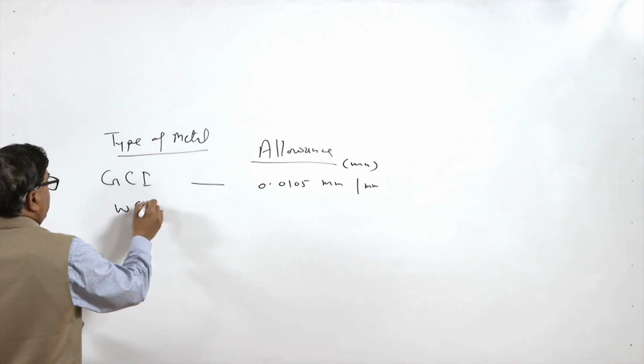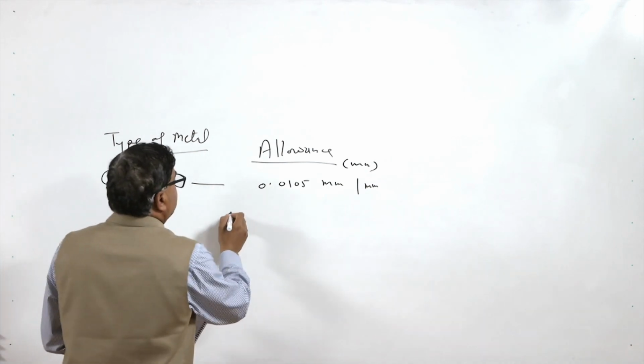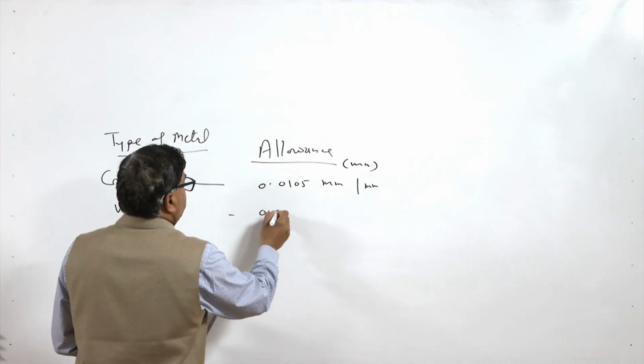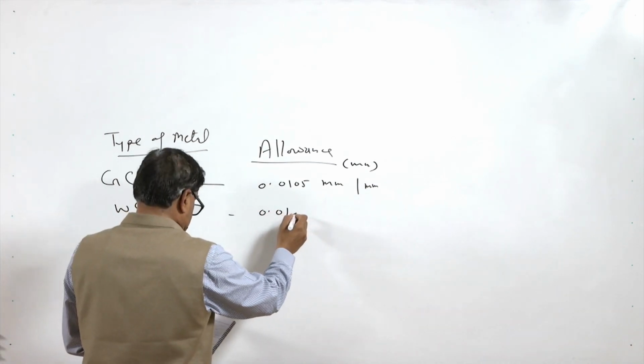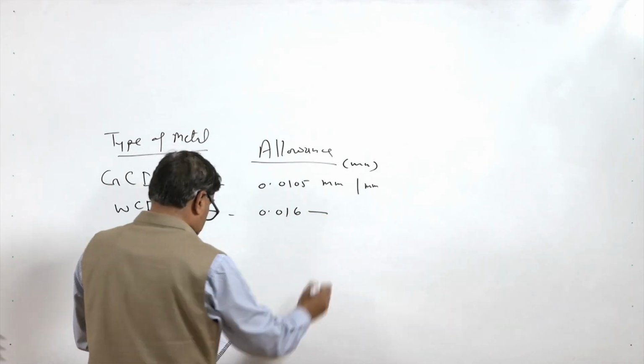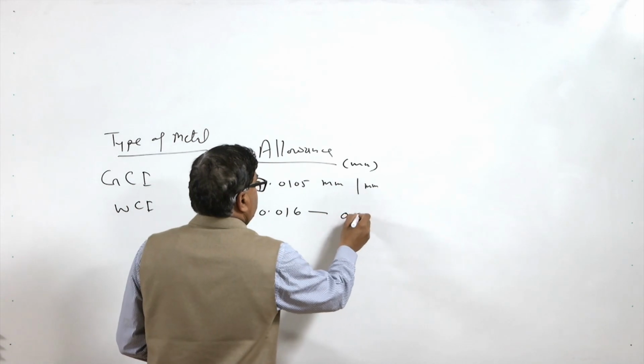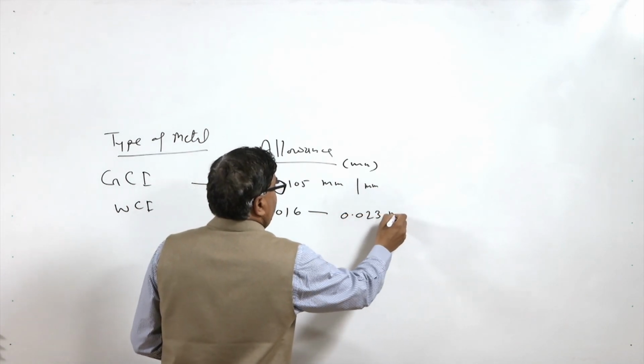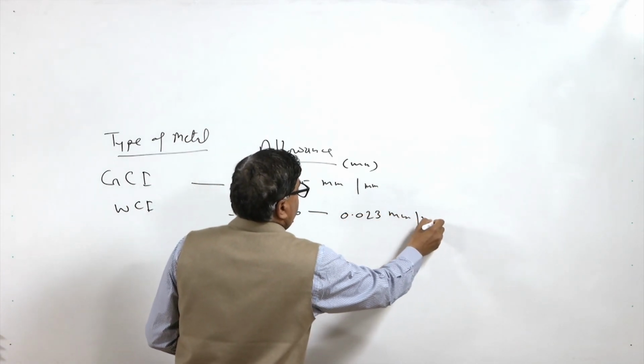White cast iron is given in the range of 0.016 to 0.023 mm per mm.